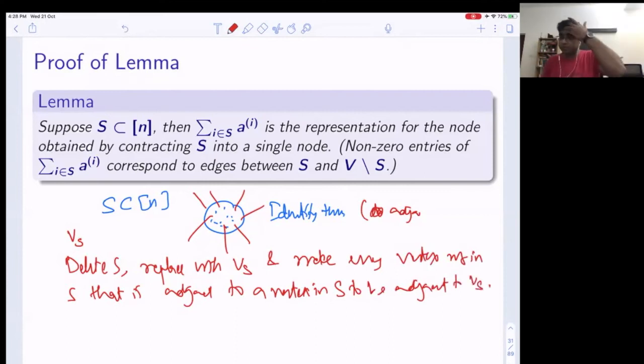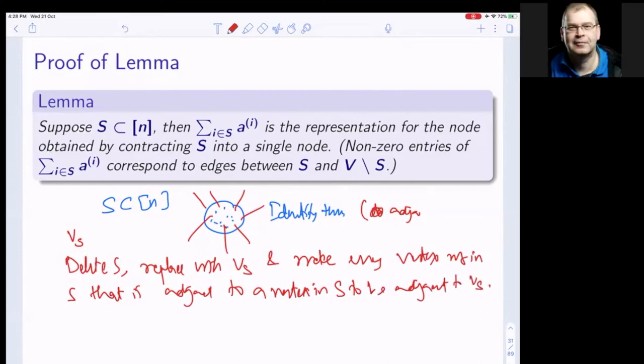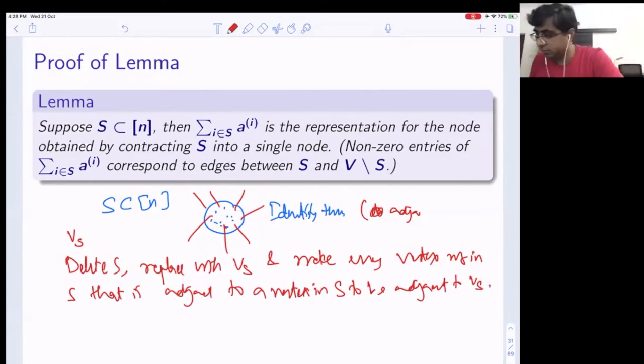Is this okay? And in your representation there are no double edges, so it's perfectly fine. It is important to not have double edges.